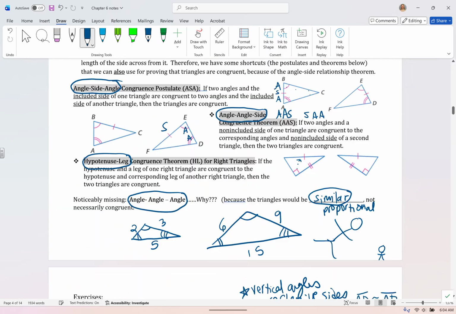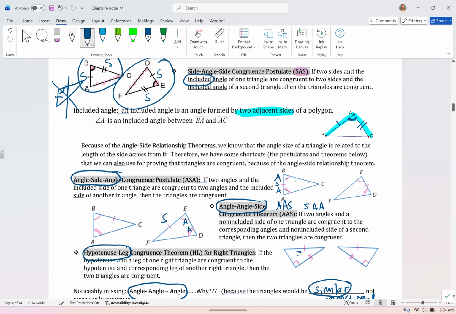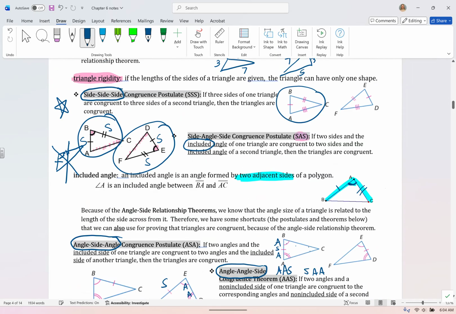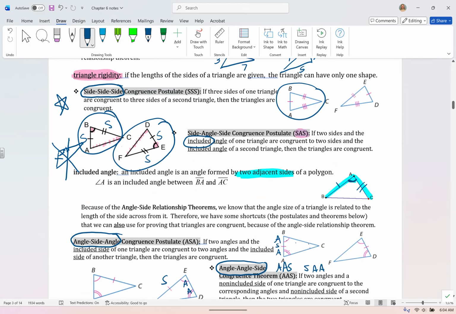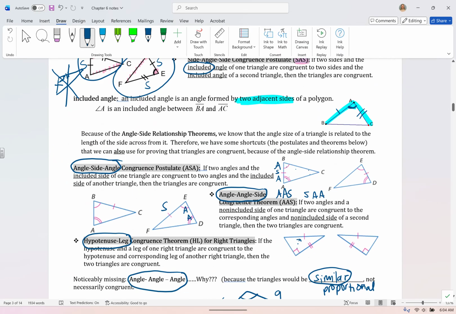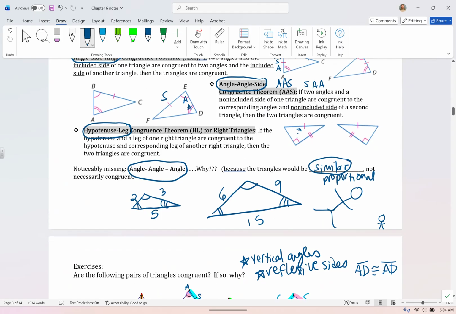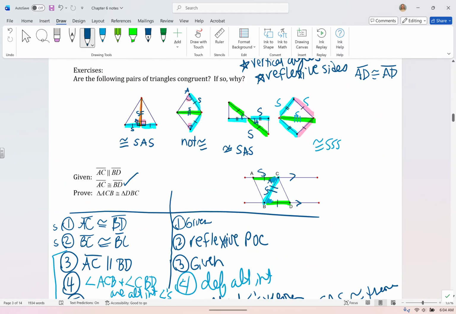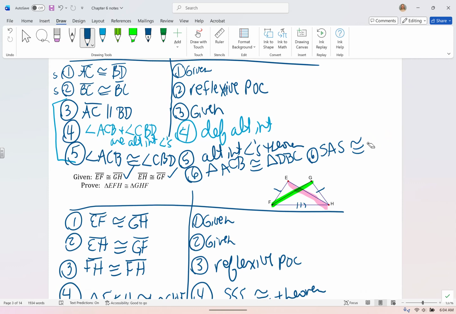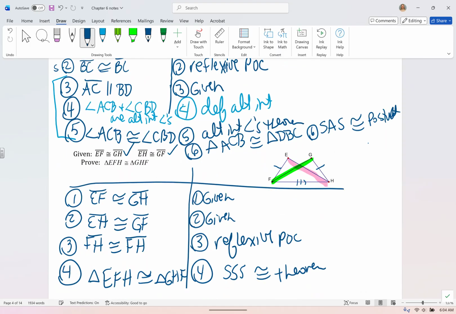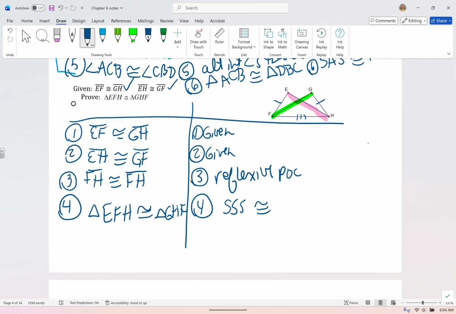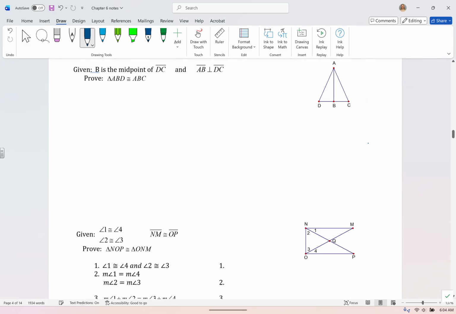We're looking for all these. I should write postulate because look at this. They are postulates. Okay, the angle side is a theorem, and the hypotenuse leg is a theorem, so we can write postulate. Okay, we can fix that. I'm not going to be real mean about that, obviously. Let's fix this postulate. Okay, there we go.